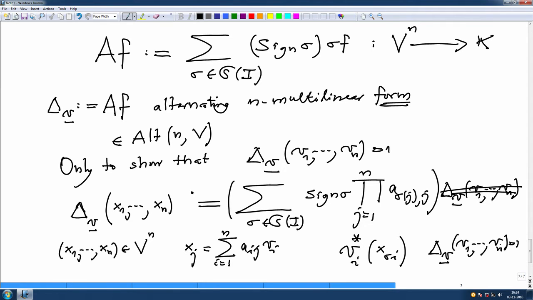Only one term will survive in this sum, namely sigma equal to identity. All other terms will vanish. So that proves this is the required determinant function that we were looking for, that delta V on V1 to Vn is 1.